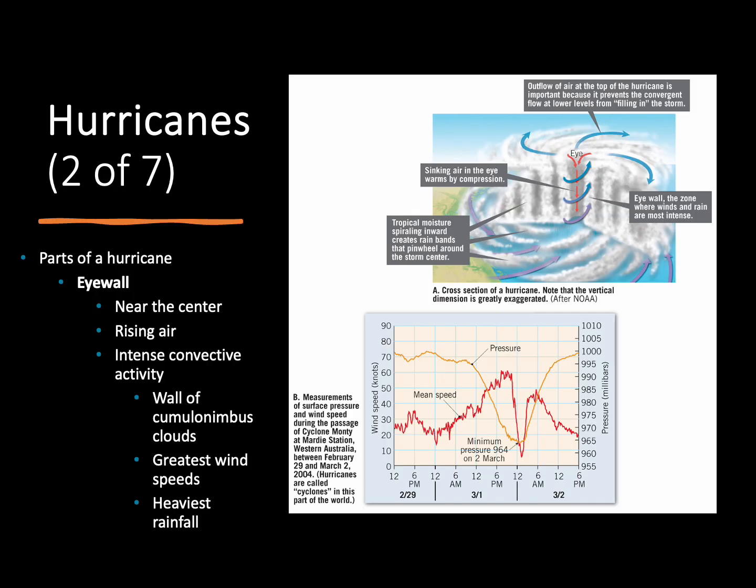When we're looking at our hurricanes, there are going to be several different parts. We might have heard about the eye of the storm, but surrounding the eye is what's called the eye wall. It's going to be close to the center, but not the exact center of our hurricane.